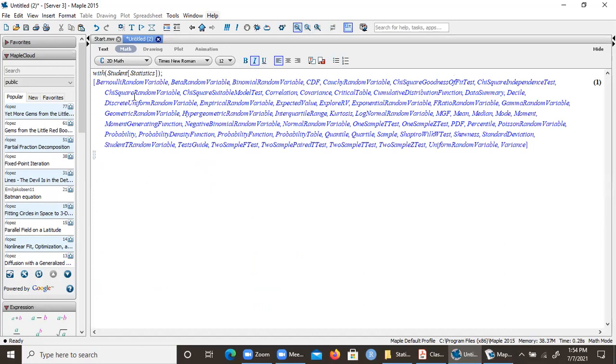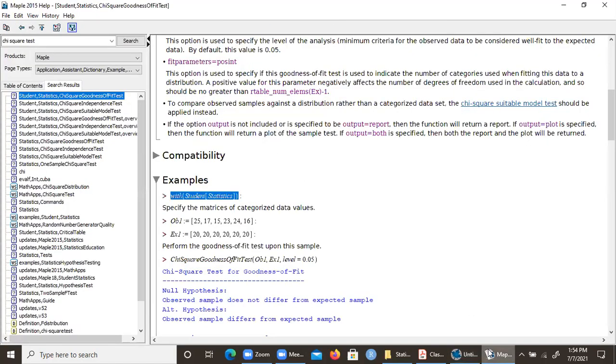Just like we did in the case of linear algebra, we write with linear algebra and then we activate the command, under which umbrella we can perform various linear algebraic operations. Similar is the case with this one. Now you see, since we already have the knowledge, we consider these observed frequencies. They have given us a sample, so we will just copy it from here.